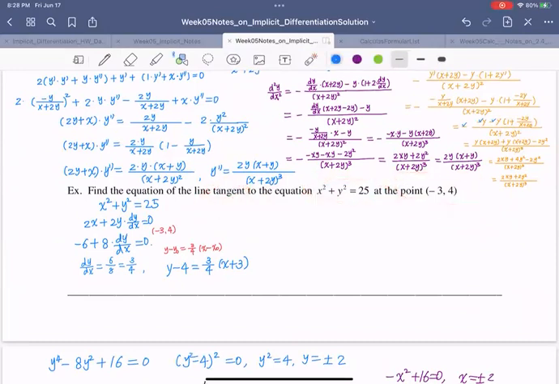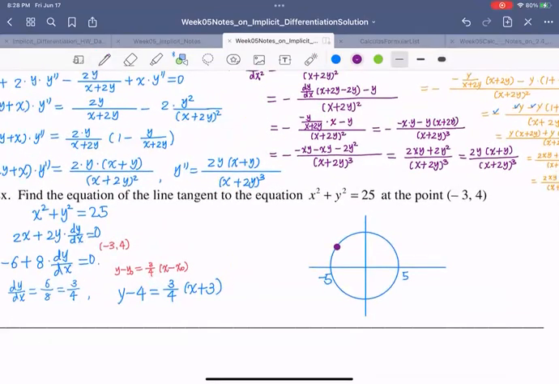If you are students in Algebra 2, I believe you have seen this in pre-calc before. You have 5 and negative 5, and you have a point (-3, 4), and you are looking for the tangent line. Like that. Okay? Now look at this.